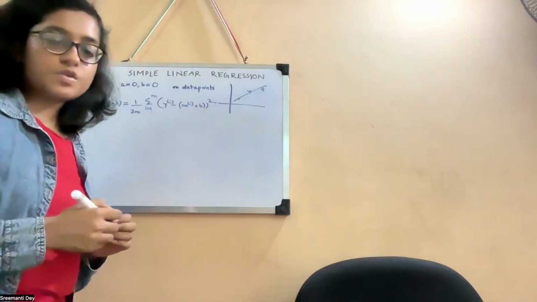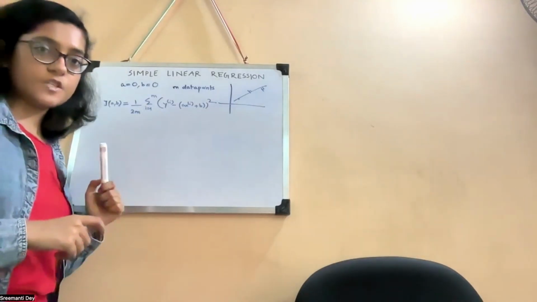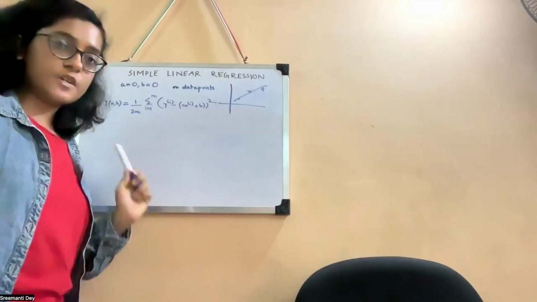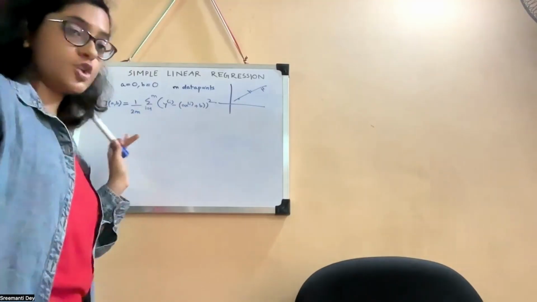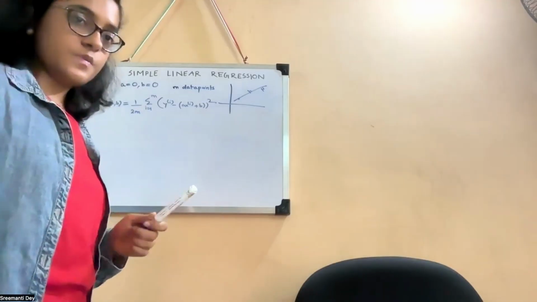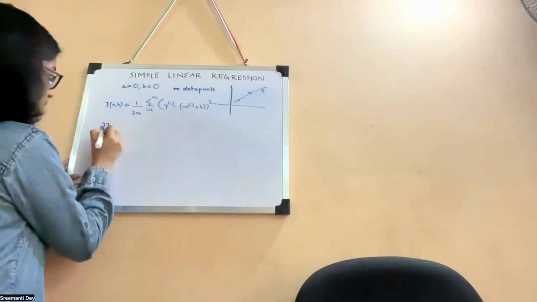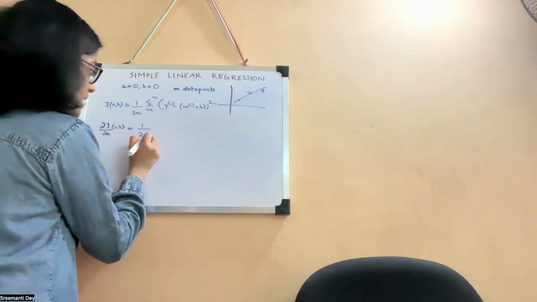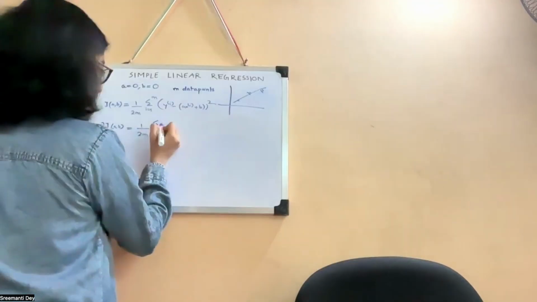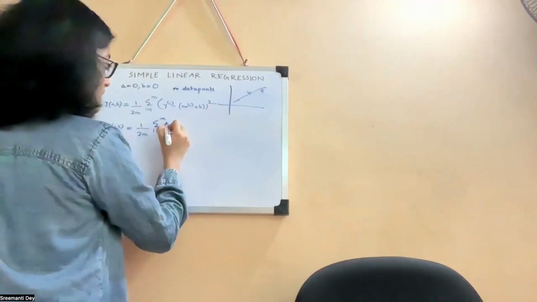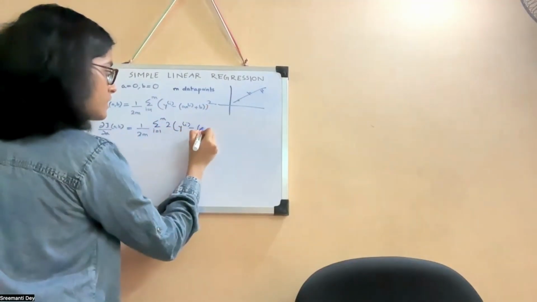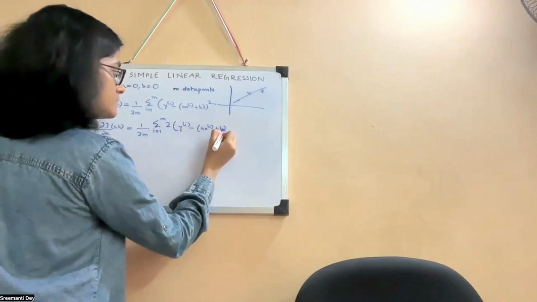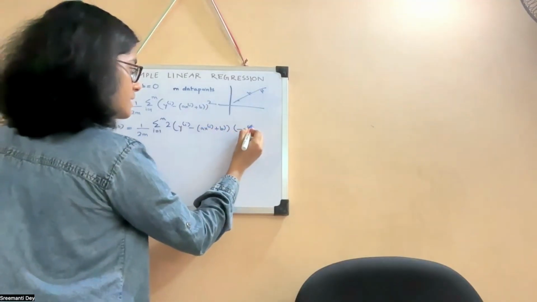So the next thing we want to do is to differentiate this J with respect to A. We'll differentiate this J with respect to B, and then we'll try to get them down to 0 as much as possible. So what would that look like? I would suggest using pen and paper, and as I'm doing it, you also do it on your own and try to match the answer as you go. Minus xi.